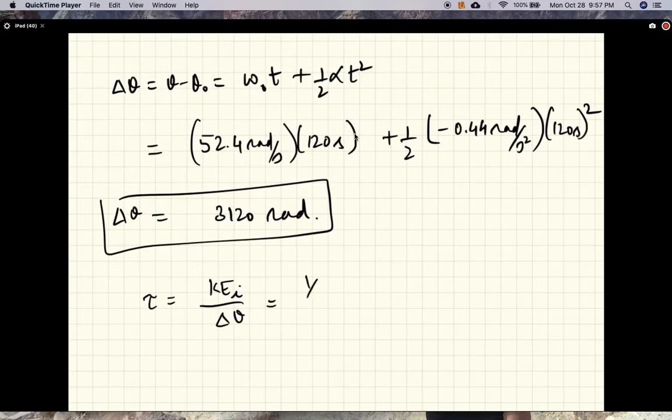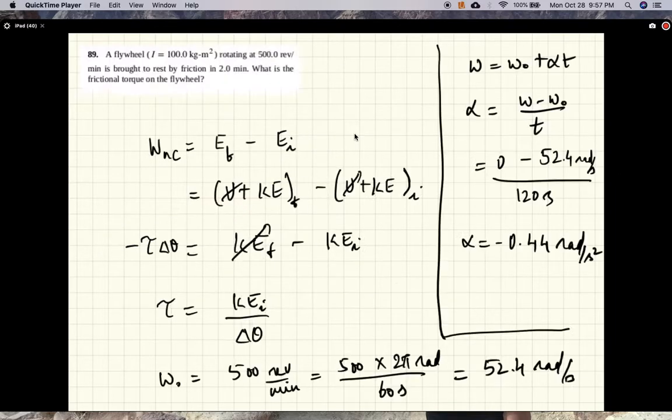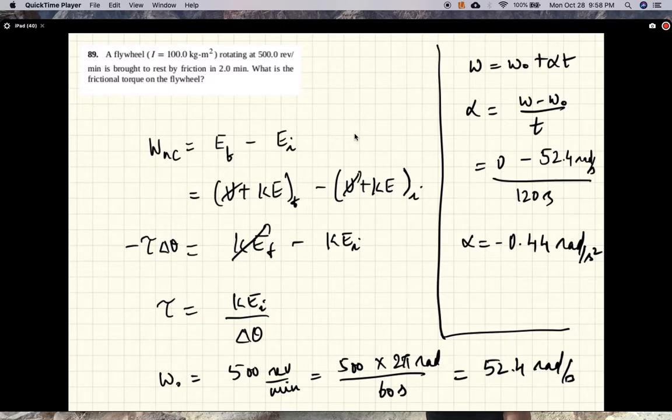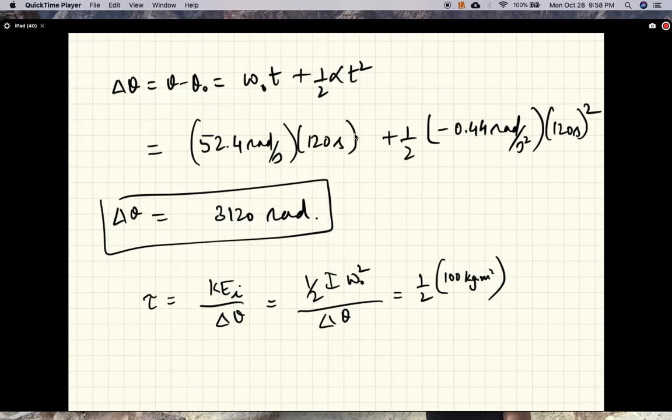So that's 1/2 I omega naught squared divided by delta theta, equal to 1/2 times I, which is 100 kg meter squared, times omega naught, 52.4 radians per second, squared, and delta theta is 3120 radians.